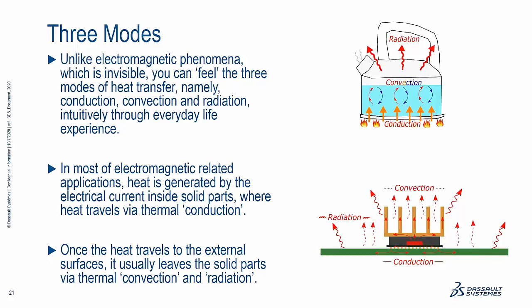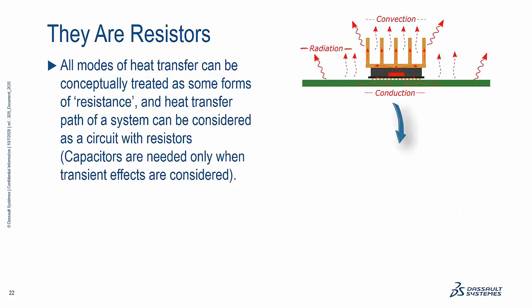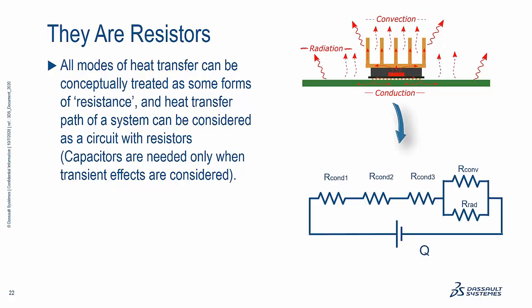Now you may be starting to get intimidated by these new concepts, but don't worry. There are things that we can use to help. In this case, we can use a resistor analogy to understand how thermal science works.